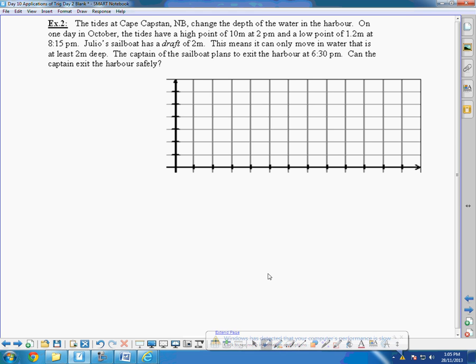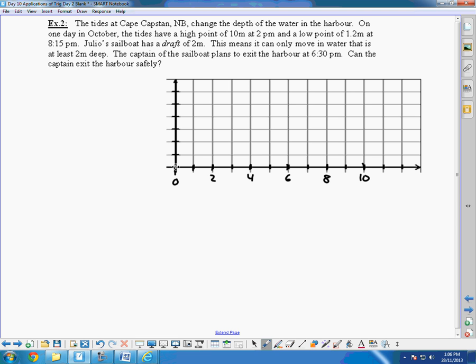I'm going to pretend this is 0, we'll call it noon or 0 o'clock. Then 1 o'clock, 2 o'clock, so that'd be 2 hours, 3, 4, 5, 6 o'clock, which is about when he's going to leave. Then 7, 8, 9, 10 o'clock, and we're going to be out of water then.